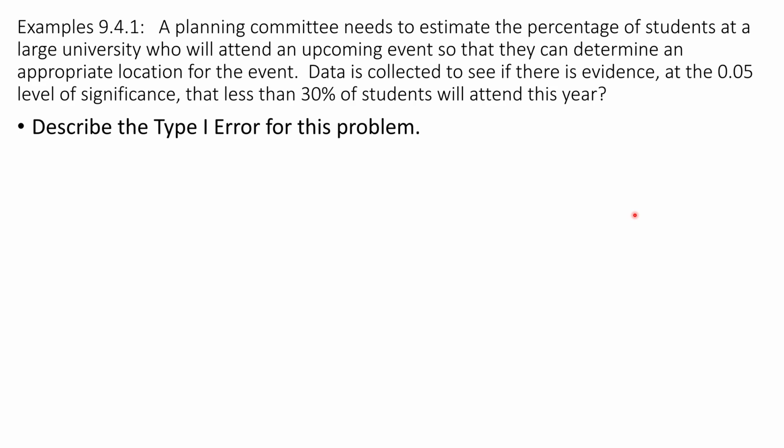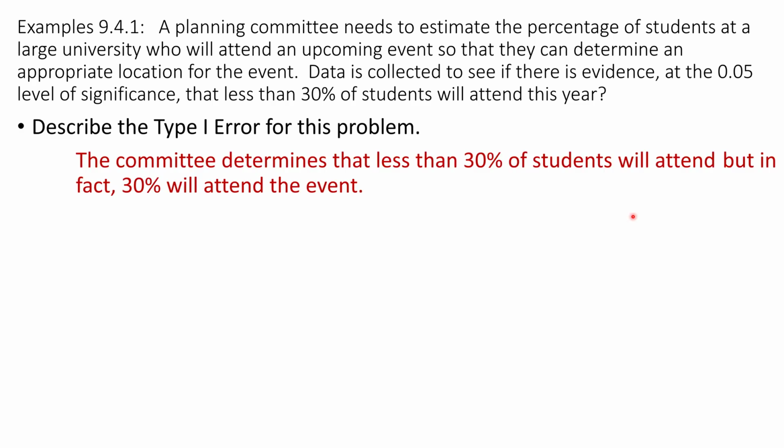This is example 9.4.1 from the textbook. You can pause this video and try to describe the type 1 error for this problem. Type 1 error for this problem is if the committee determines that less than 30% of students will attend.